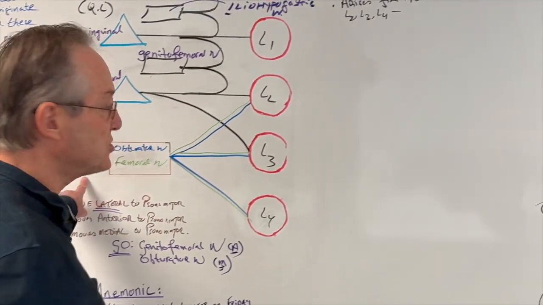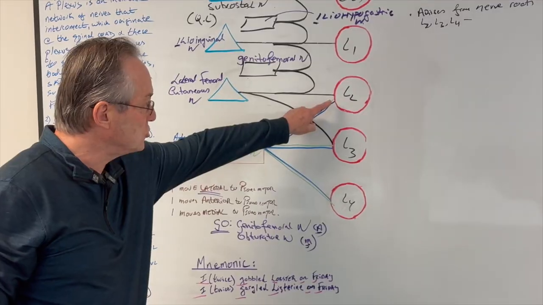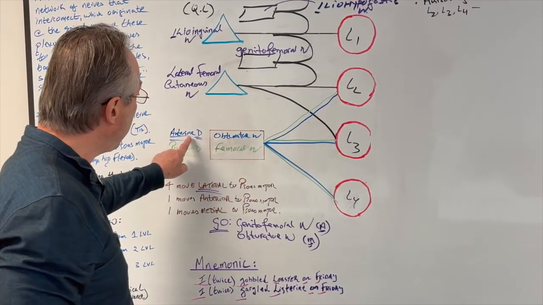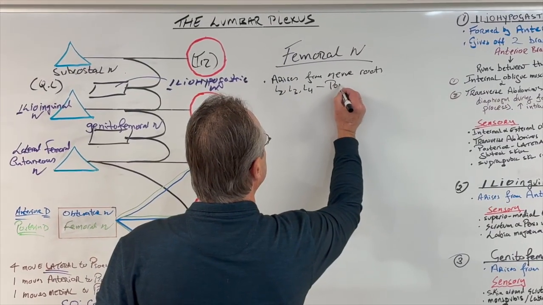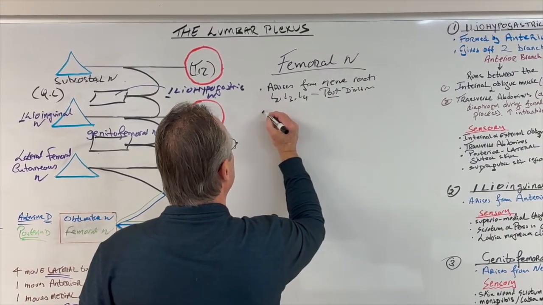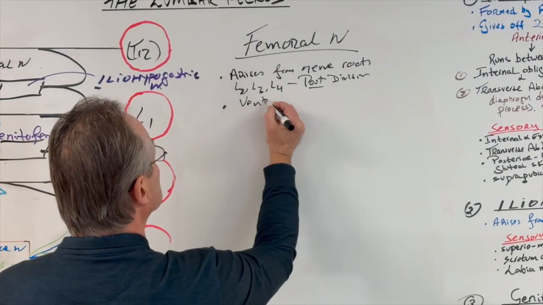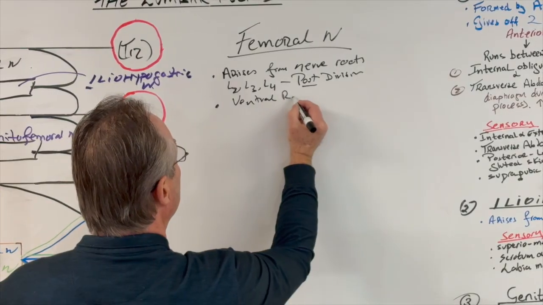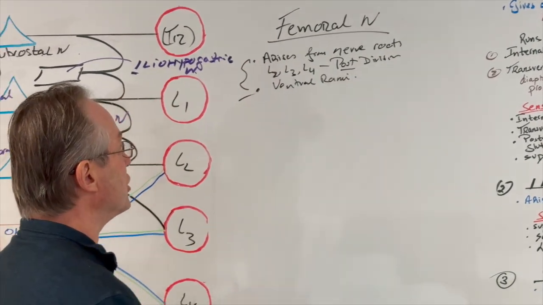Remember, it was the posterior division. The obturator nerve also came from L2, L3, L4, but anterior division. So this is the posterior division, but it is the ventral rami. Okay, very important to know.